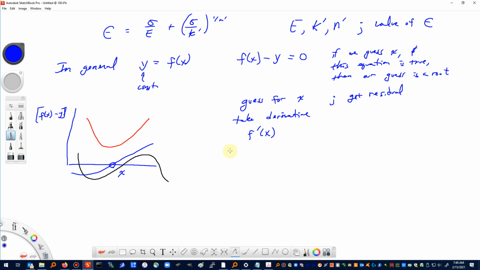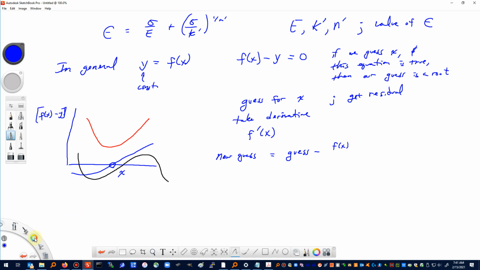So we're going to make a new guess, and our new guess is going to be based on our previous guess minus our f of x minus y.